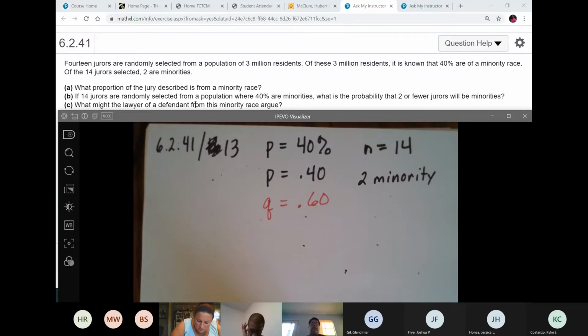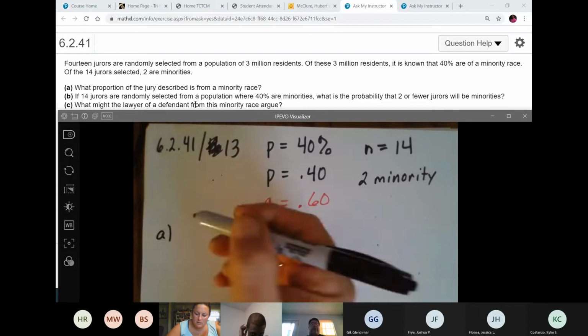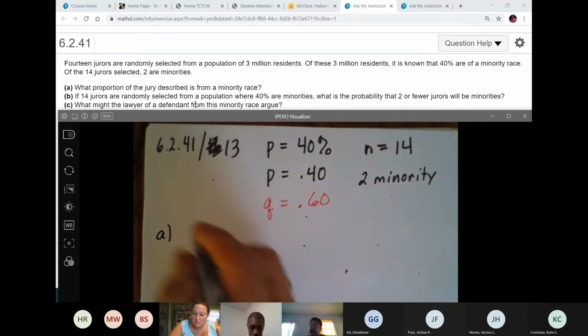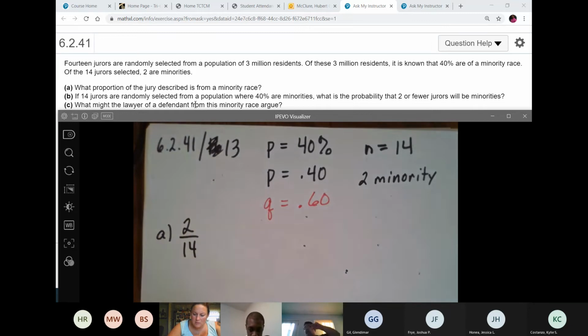A, B, C. Okay, now the first question is a basic math question. What proportion of the jury is minority? Well, they tell you how many are minority right there, 2, and how many are on the jury? Out of 14. And that's how you do the first one.